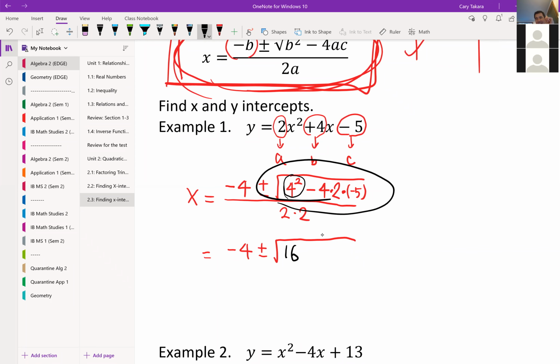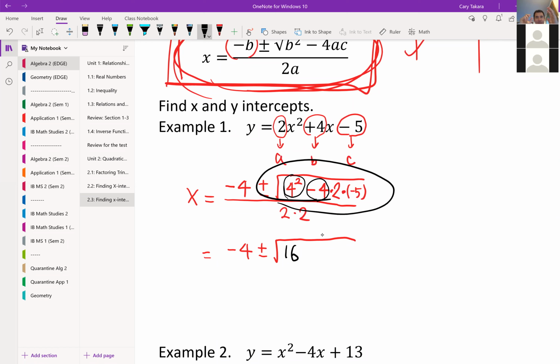And then the next part, this is where the mistakes occur. Now, what do you do with this negative sign? What I would recommend is that you just take this 4 as -4, and then multiply 3 numbers: -4 times 2 times -5.